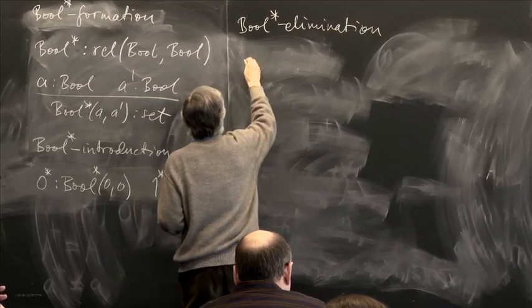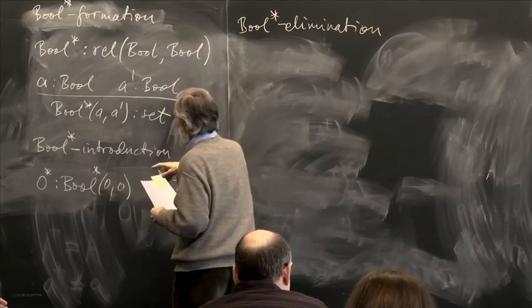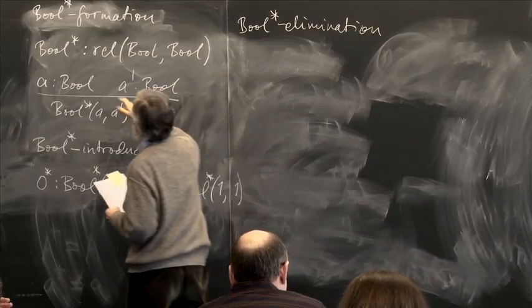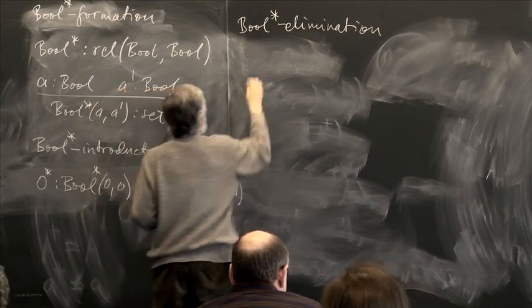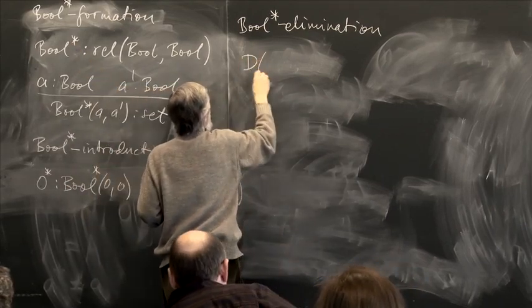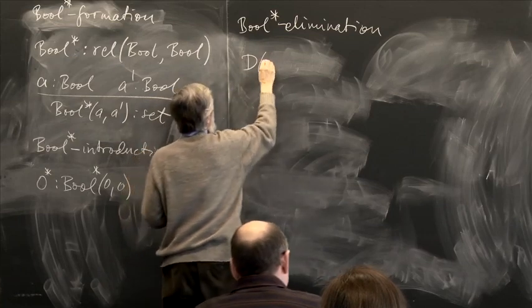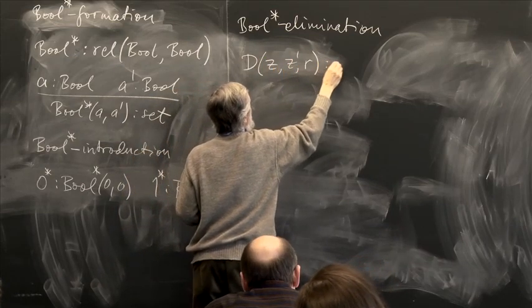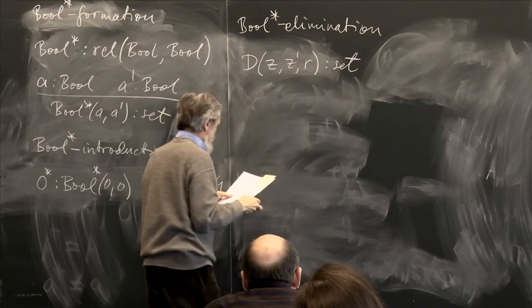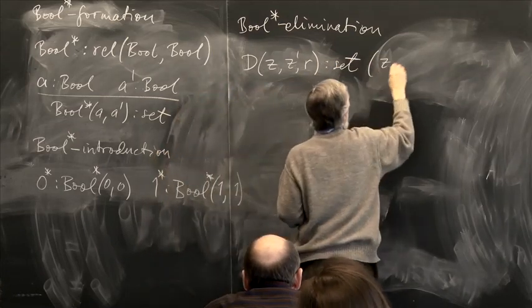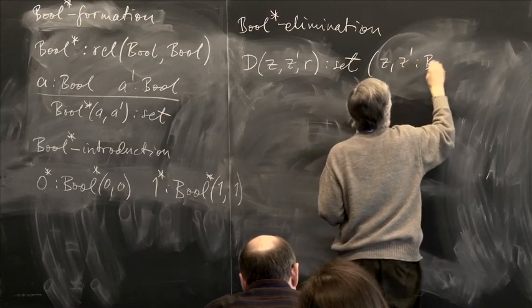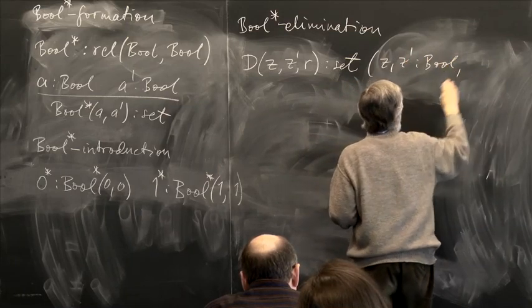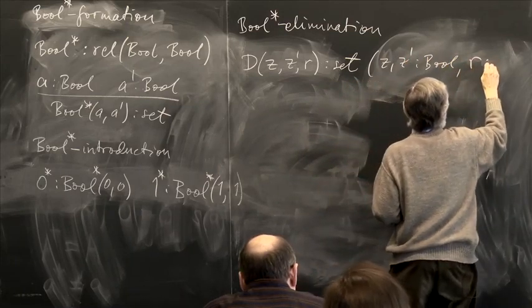Well, if we have a family D with one more argument than bool star, which is to say 3 arguments, let's call them z, z prime, and r, where z and z prime are in bool, and r proves that they are related.